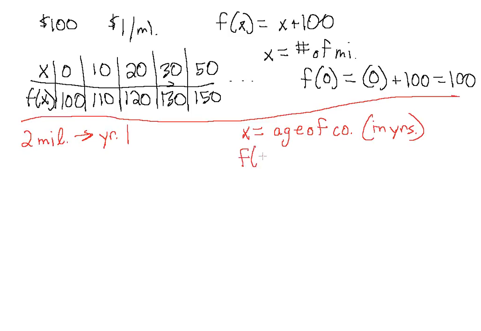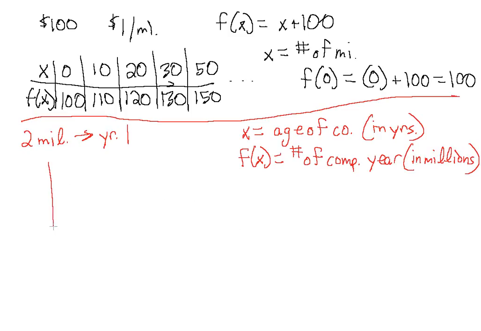Our dependent variable f of x is going to give us what we actually want to find out: the number of computers sold in a certain year. And this is going to be in millions, since we're dealing with computers sold in terms of millions, and this will save us a bunch of monotonous zeros and make our numbers more friendly.